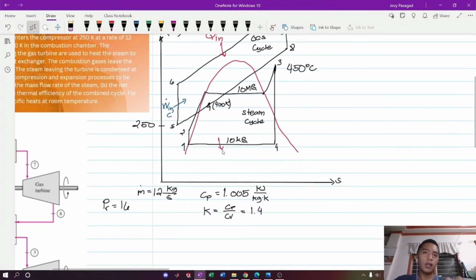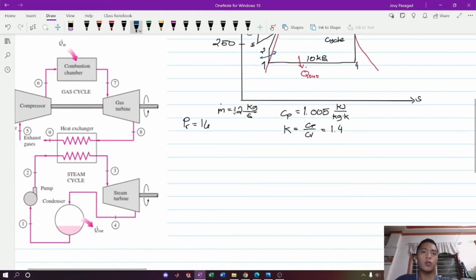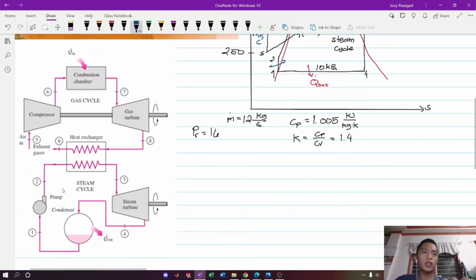Process 4 to 1 is our condenser side, so naay gawas ani Q dot out. And then process 1 to 2 is the pump, so work dot in sa pump.